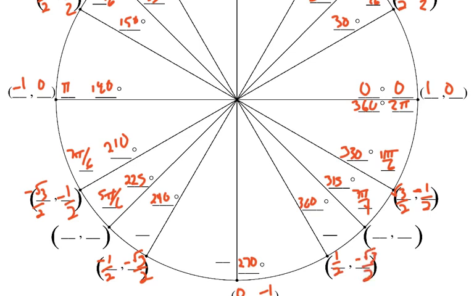I guess I forgot to put these on when I redid these notes over here. All right, so just 4 more coordinate points. So one more little circle we've got to deal with.